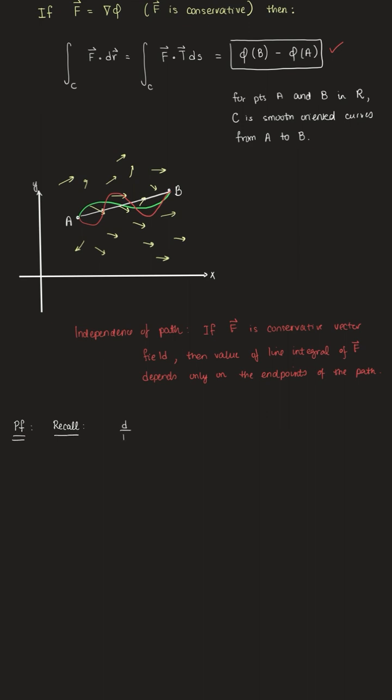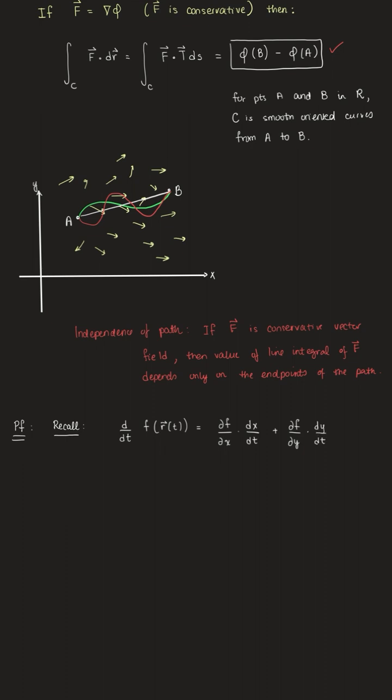This form of the chain rule tells us that if I'm differentiating a composition f of r of t with respect to t, we take the partial of f with respect to x and multiply by dx dt, and add to that the partial of f with respect to y and multiply by dy dt.